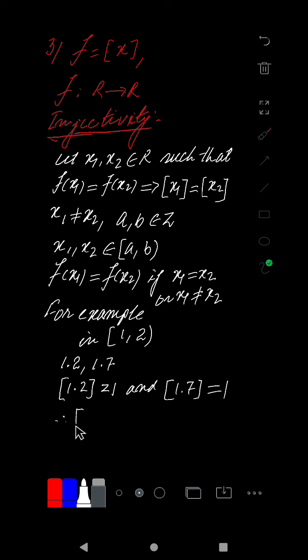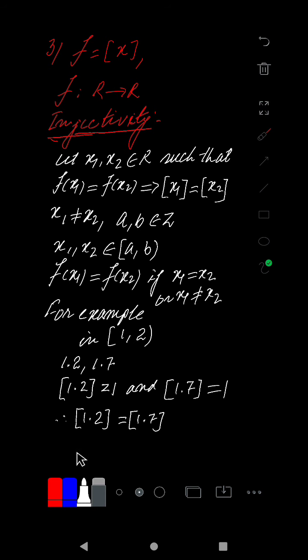So greatest integer function of 1.2 is equal to greatest integer function of 1.7, but 1.2 is not equal to 1.7. Thus, f is not an injective function.